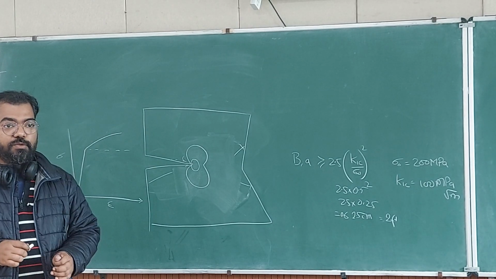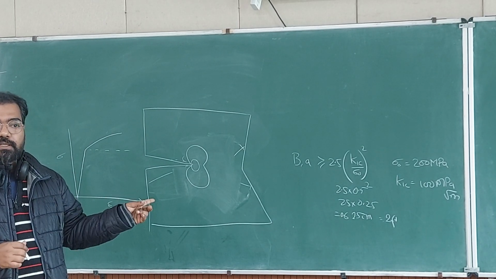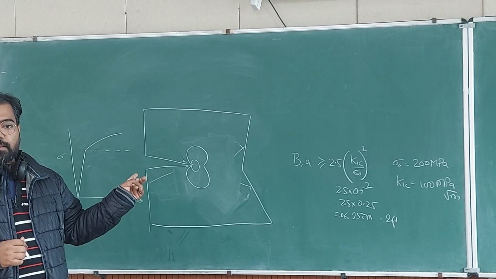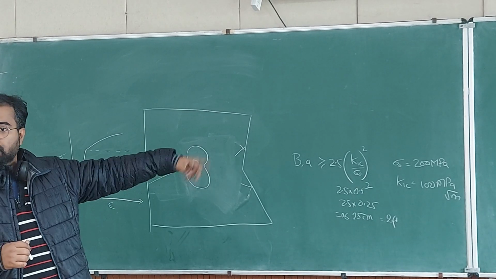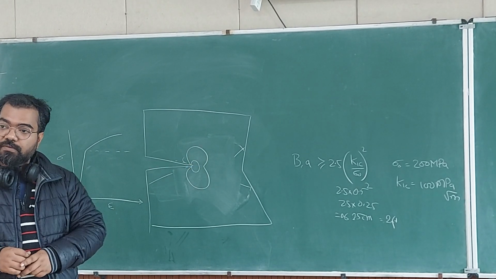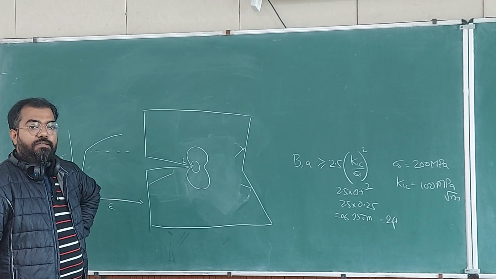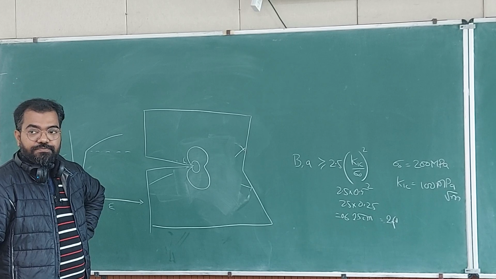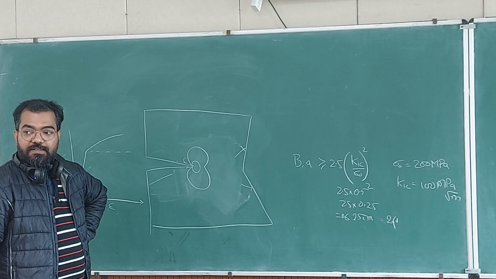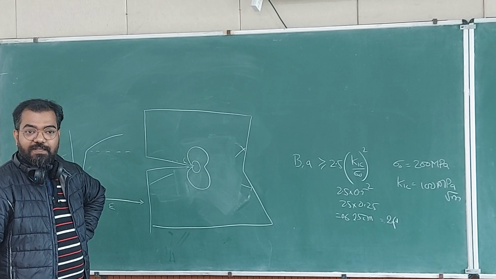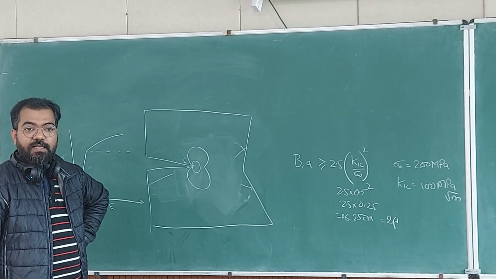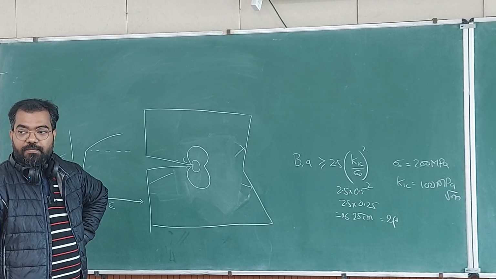No? You should do it. I showed a code in the class, no? Where you can write the formula for plastic zone, and then there was a red curve and then there was a blue curve. One was for plane stress, one was for plane strain. Okay, so you should try coding that also. Yeah, to calculate plastic zone. Okay, that will be your last assignment before mid-sem.